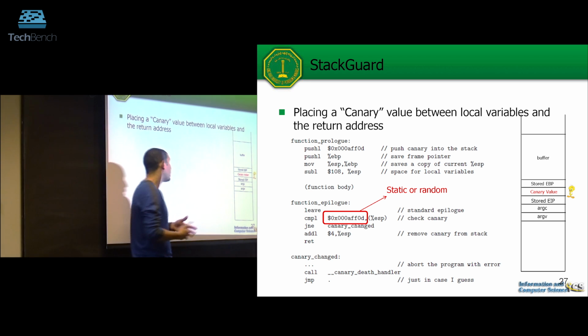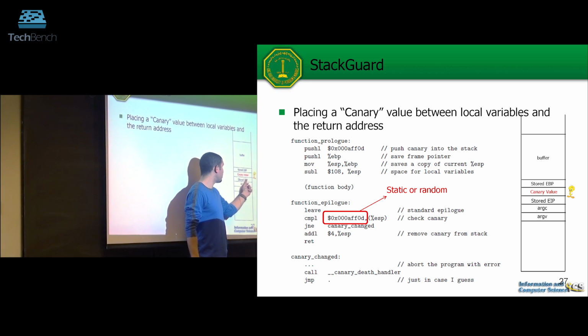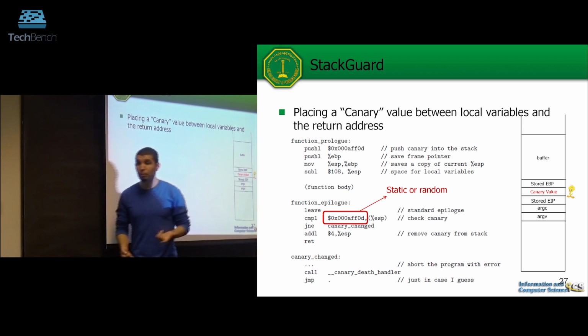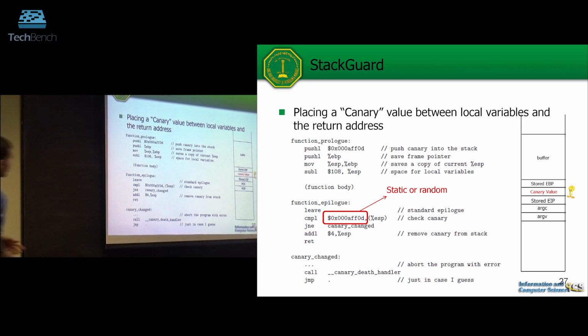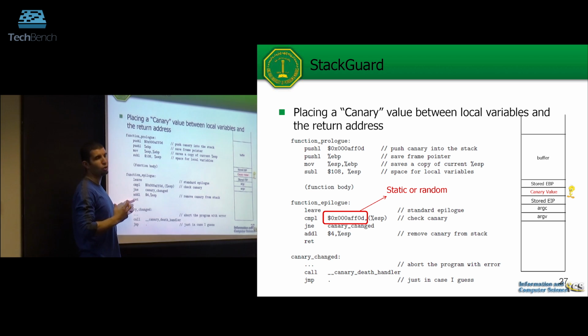The stored EIP will only be used at the end of the function. Basically, before returning, this is the return where the attacker will get control. But before that return, you will check the canary. So the canary will be checked before the return.